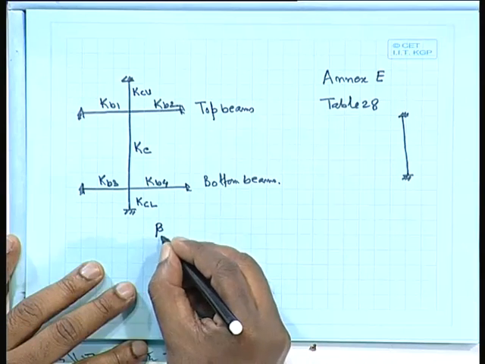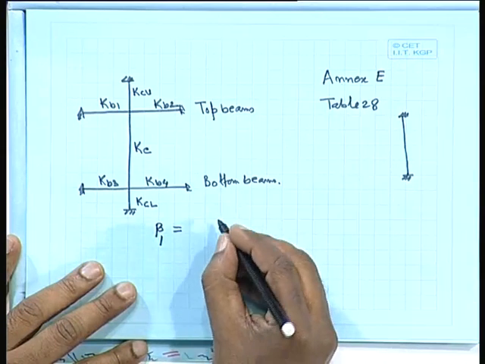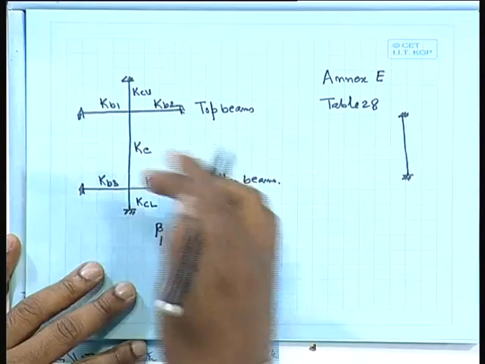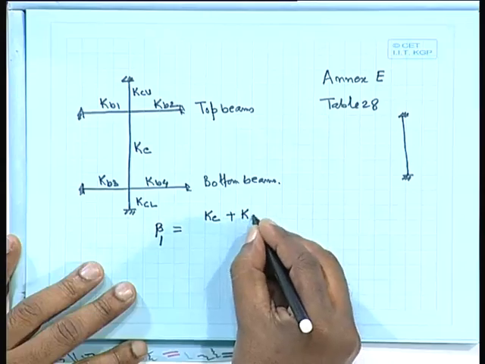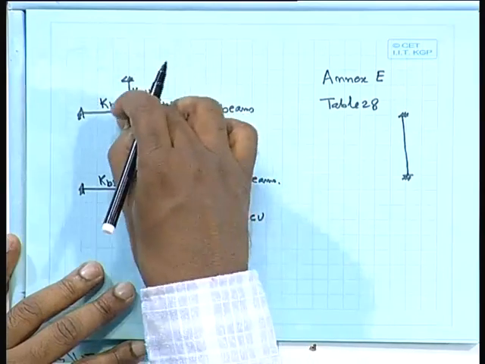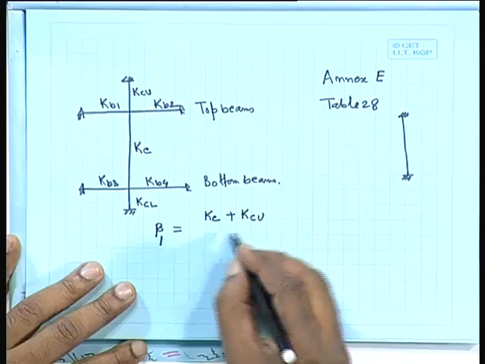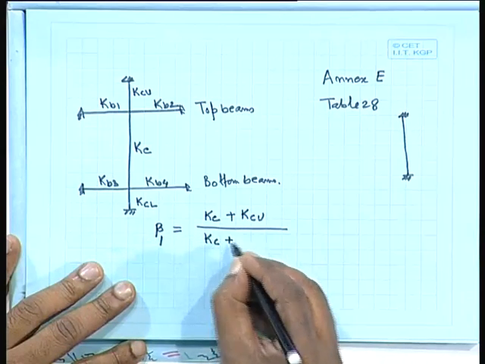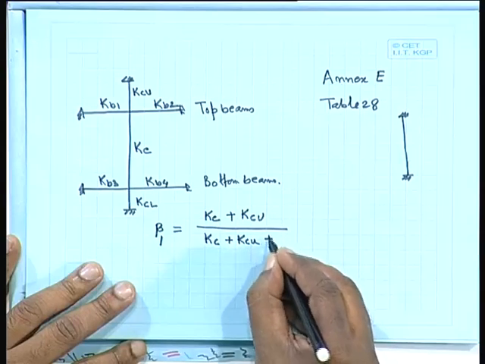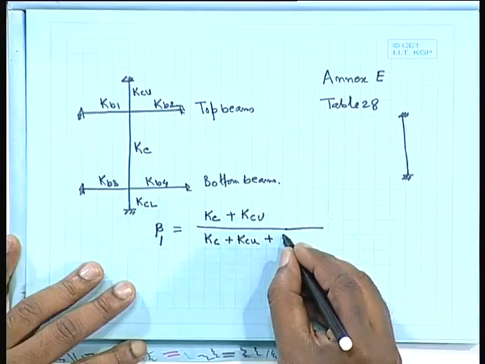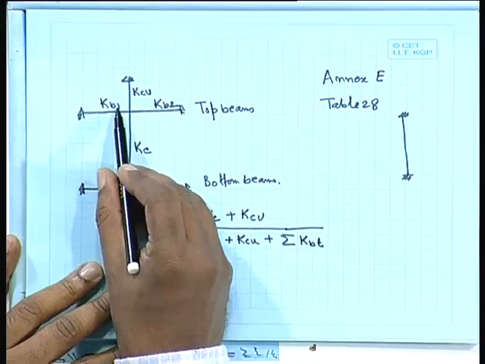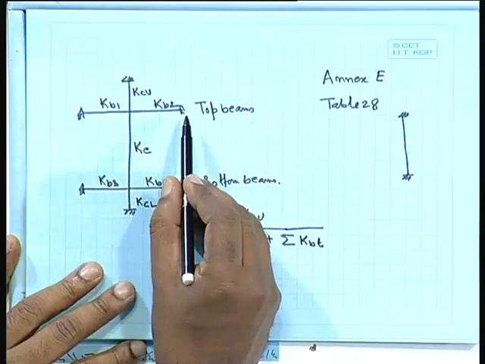There are two parameters. One is called beta 1, which will be equal to Kc, where Kc is the column stiffness, plus Kcu, that is the top one, at the junction we are talking about at the top, divided by Kc plus Kcu plus the summation of Kbt, T meaning top, so the summation of all the top beams.